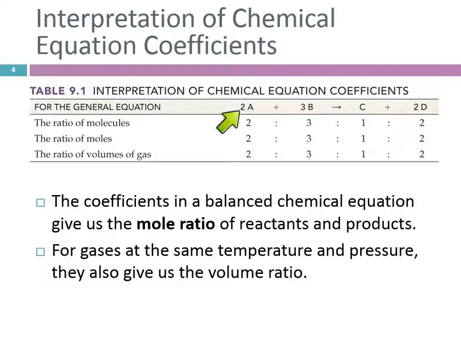The coefficients give us the ratios in terms of molecules, in terms of moles, in terms of volumes, if they're gases. They all have to be gases. So what is really the most useful is this mole ratio. If we start with this many moles of reactant, we can predict how many moles of product that we will form.